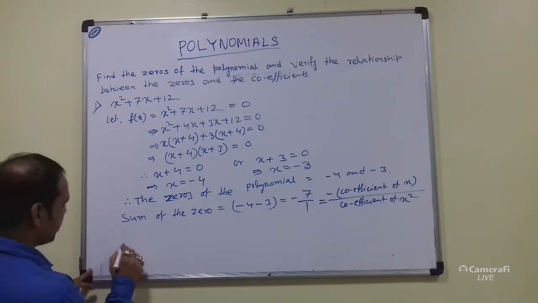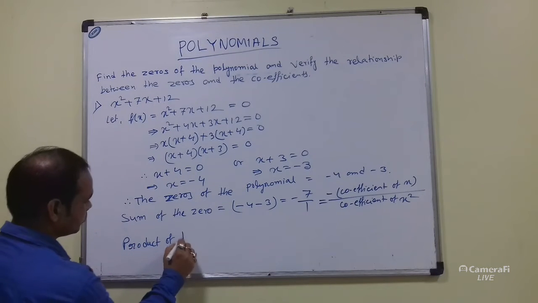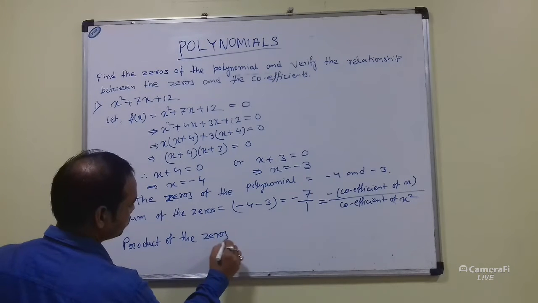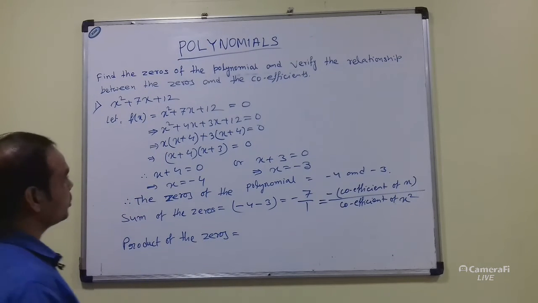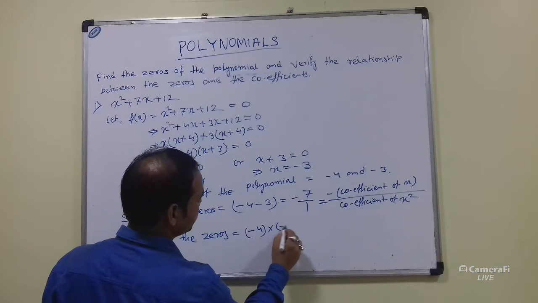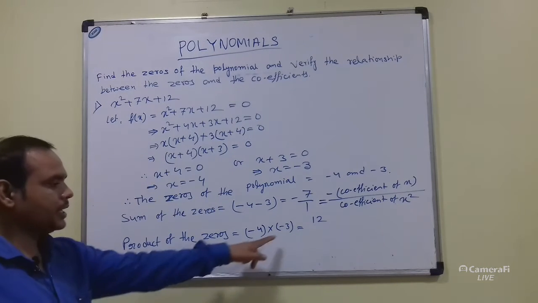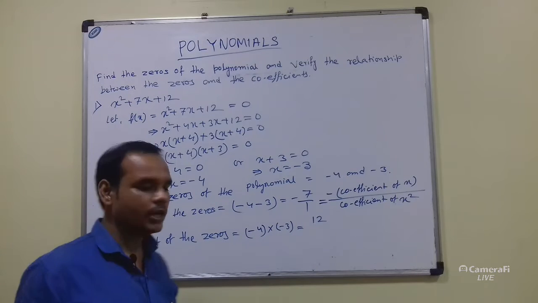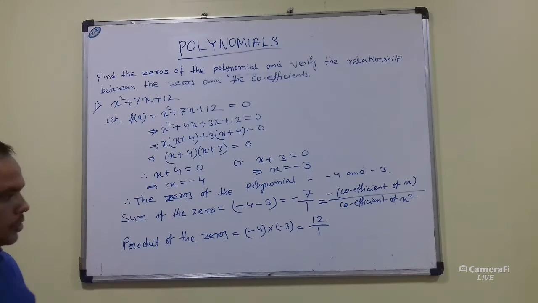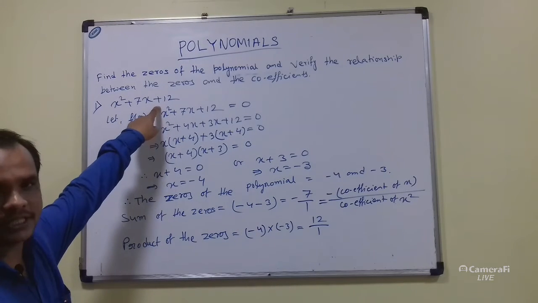Now we find the product of the zeros. The product of minus 4 and minus 3 will be plus 12, because minus into minus is plus and 4 into 3 is 12, and we can write it as 12 by 1. In this polynomial, 12 is the constant term.